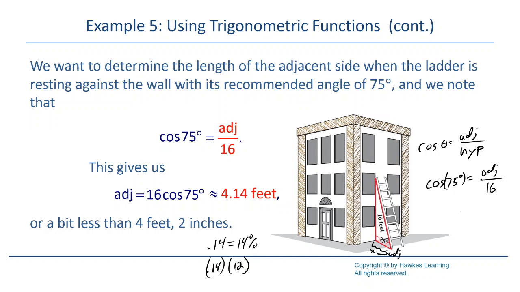So 14% of 12 is 1.68. So this equals 1.68, which we can go ahead and just say it's approximately 2 inches. Because you're probably not going to be able to measure quite exactly 1.68. You could be a little bit more precise and just say 1.7, but might as well round it up to something even in this case.